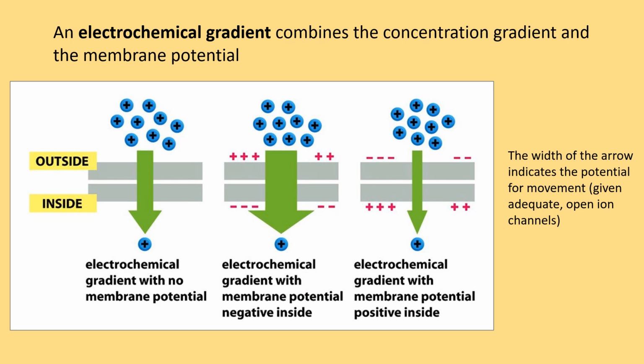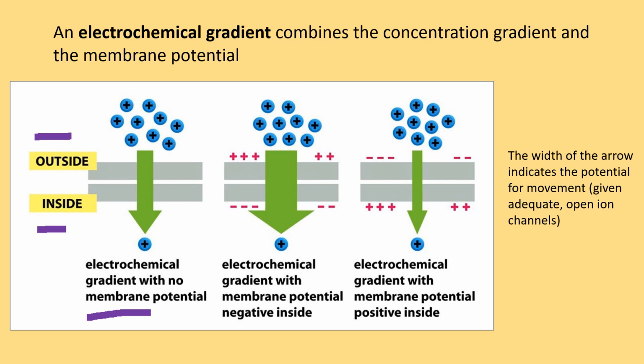And so this is a great diagram for understanding how we combine those two motive forces. Let's go from left to right, where we are thinking about the concentration and electrical gradient from outside the cell to inside the cell. In this first panel, we're just thinking about a concentration gradient, a pure chemical gradient.